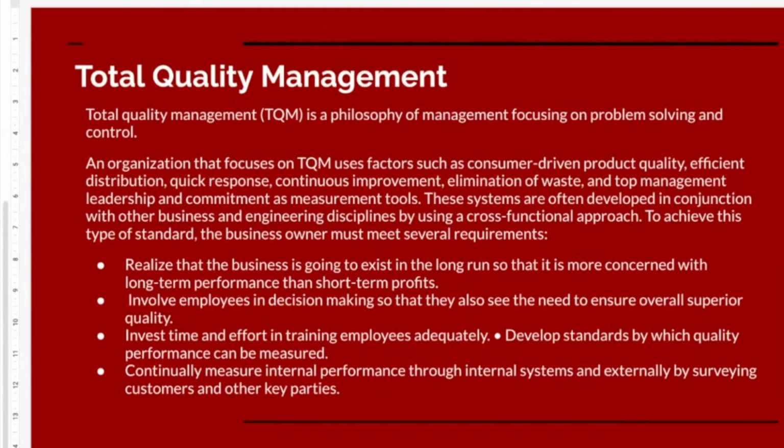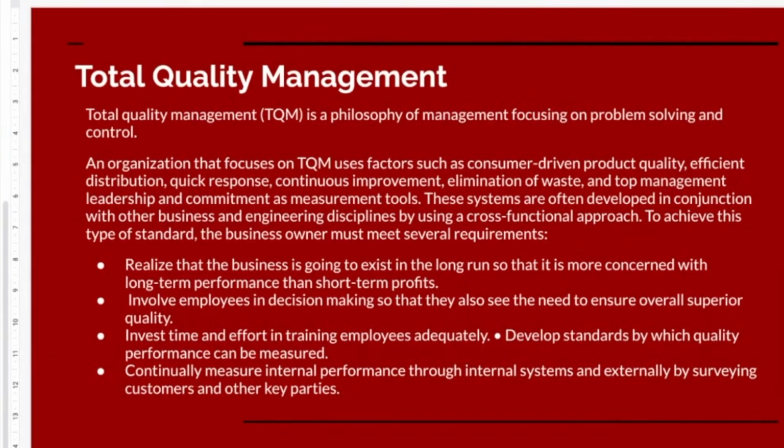So total quality management is basically a simple philosophy more than anything else, and it focuses on problem solving and the control of quality. So an organization that focuses on total quality management uses factors such as consumer-driven product quality, efficient distribution, quick response, continuous improvement, elimination of waste, and top management leadership and commitment as measurement tools.